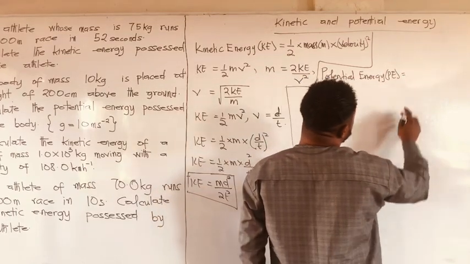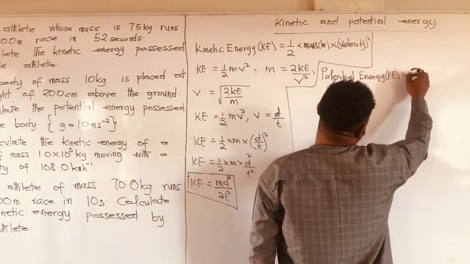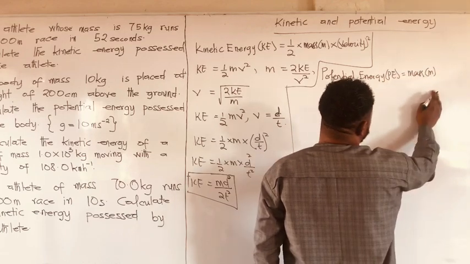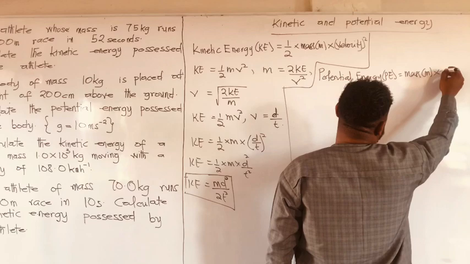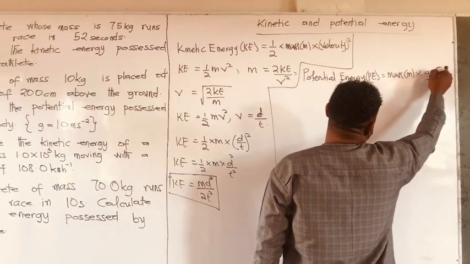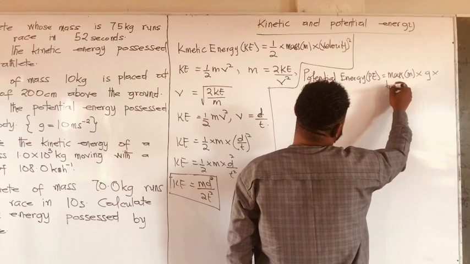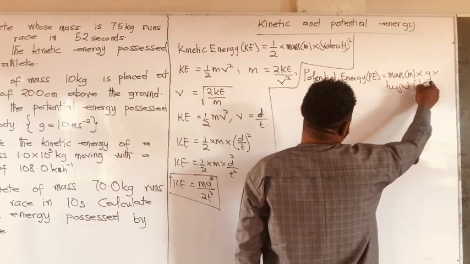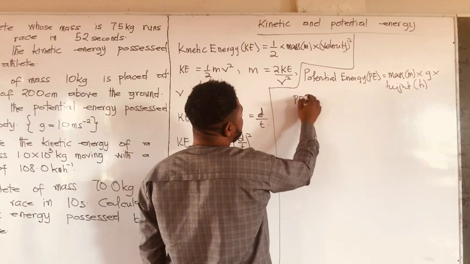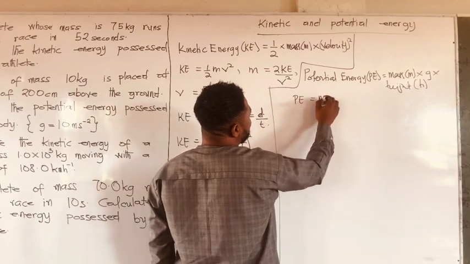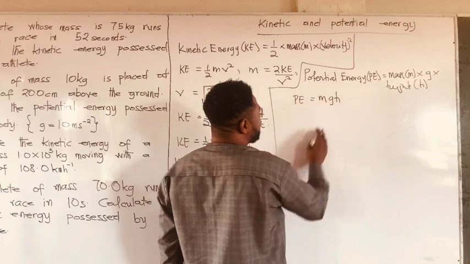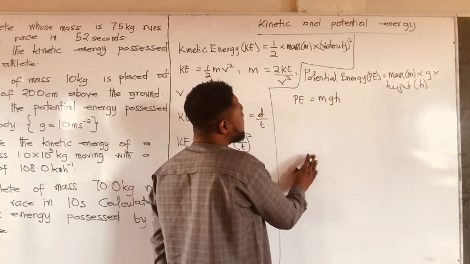Potential energy will be given as the mass of the body, times gravity, acceleration due to gravity, that is G, times the height of the body, H. So in short, potential energy is equal to the mass times gravity times height, as we can see here.